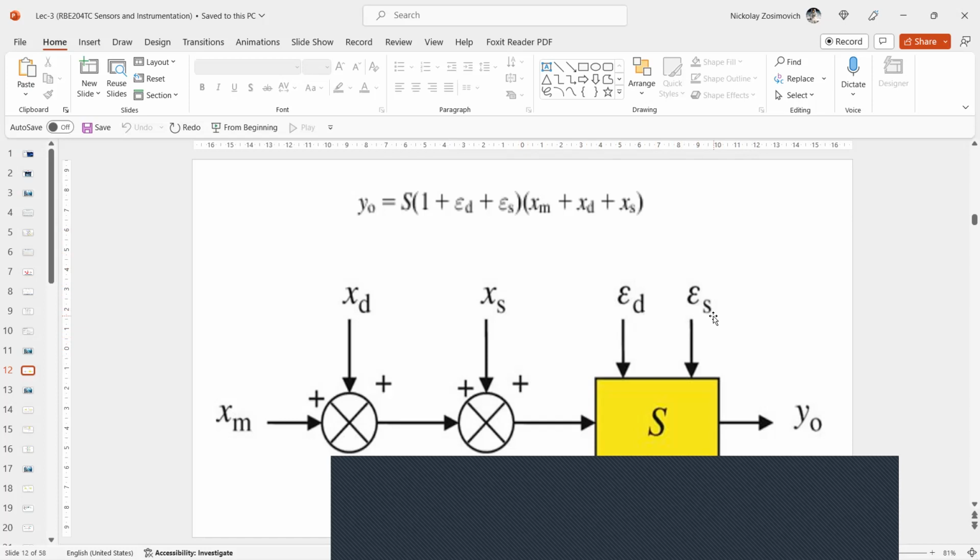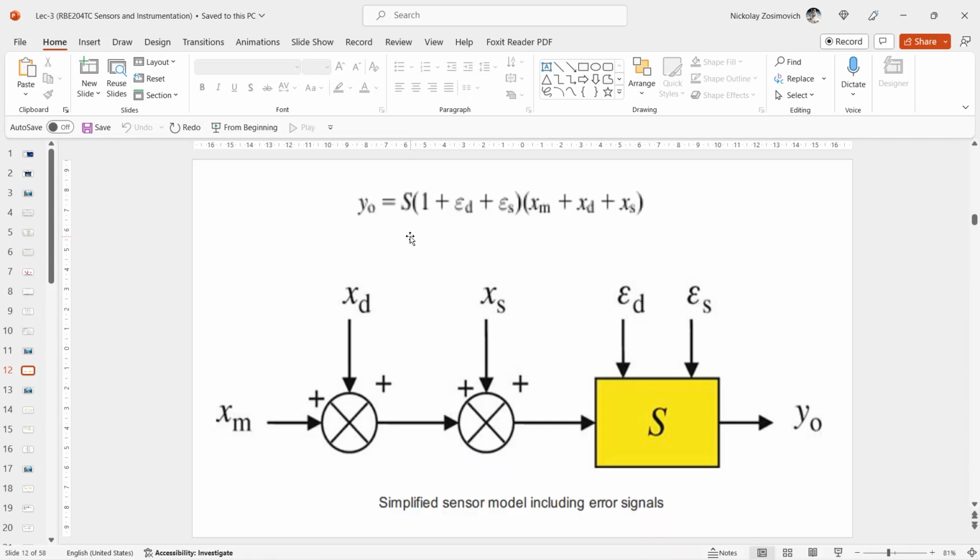For this simplified model, the output signal of a sensor, here you can see, can be written according to this equation. In this equation, S is the nominal sensitivity. This model will be used to evaluate various error reduction methods. And some of these methods will reduce mainly additive errors, and others minimize multiplicative errors.